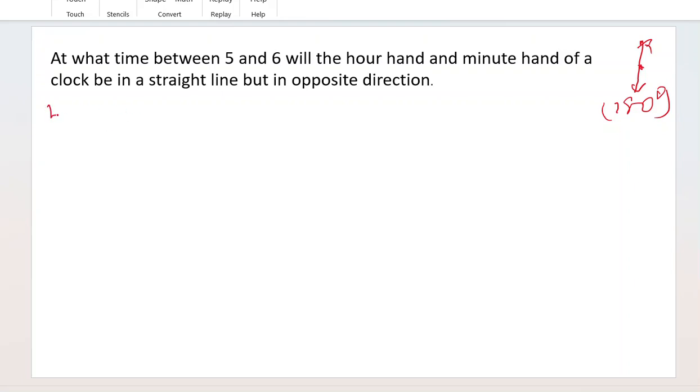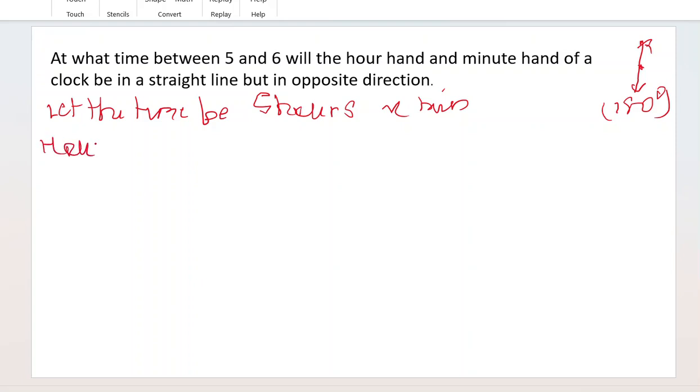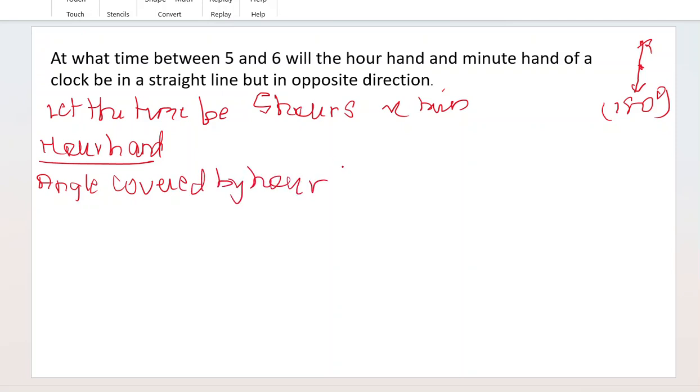Again, the start will be same. Let the time be 5 hours x minutes. Now I take the hour hand calculation, whatever I did before, I'll do here. So I take the angle covered by the hour hand in 5 hours.